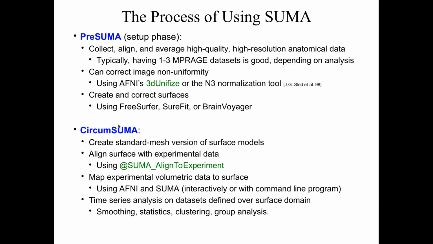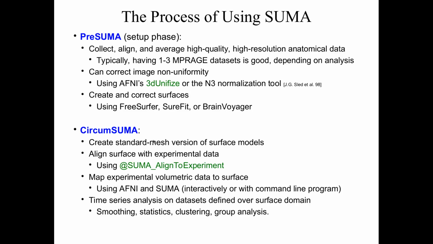And around that, what we're going to do is, the software, for example FreeSurfer, creates a mesh. We want to talk about the equivalent idea of what we have in volumetric data sets, where we have a standard framework for analyzing our data set. In the volume, we talk about standard space. On the surfaces, we're going to talk about a standard mesh.